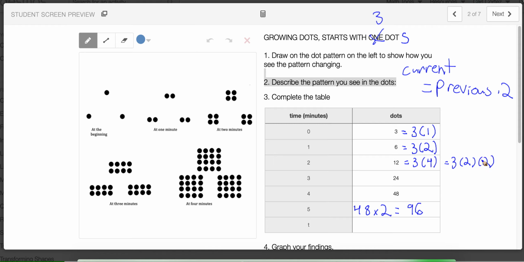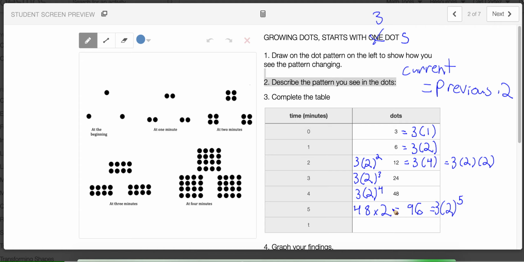How can you rewrite this? Hopefully you're saying 3(2^2). You guessed it, down here this would be 3(2^3). This would be 3(2^4). 3(2^5).